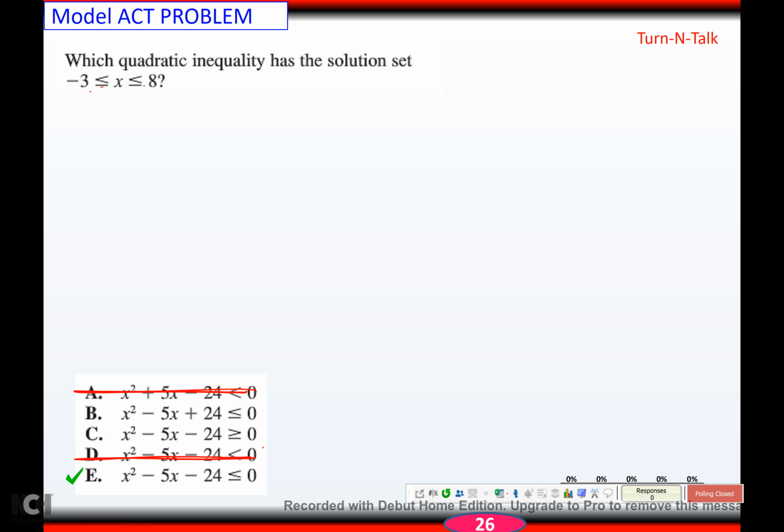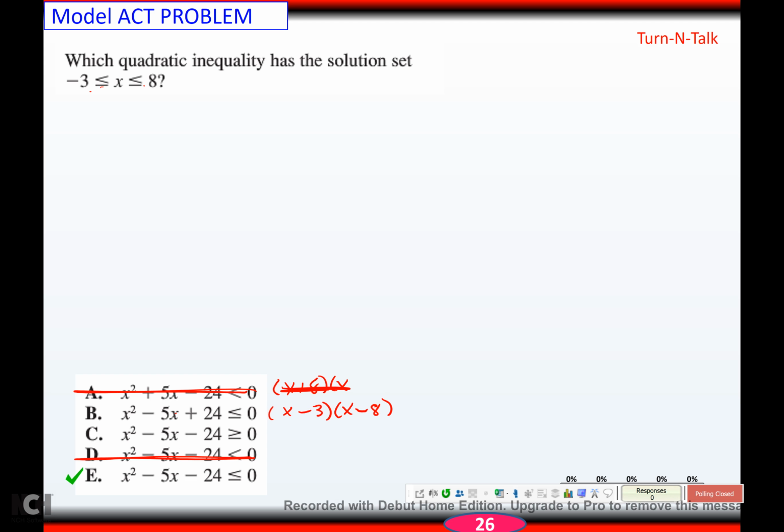The other thing is, if I factor these, this one is going to factor into x plus 8, and we already ruled that one out. This one would factor into x minus 3, x minus 8, which would not give me minus 5 in the middle.